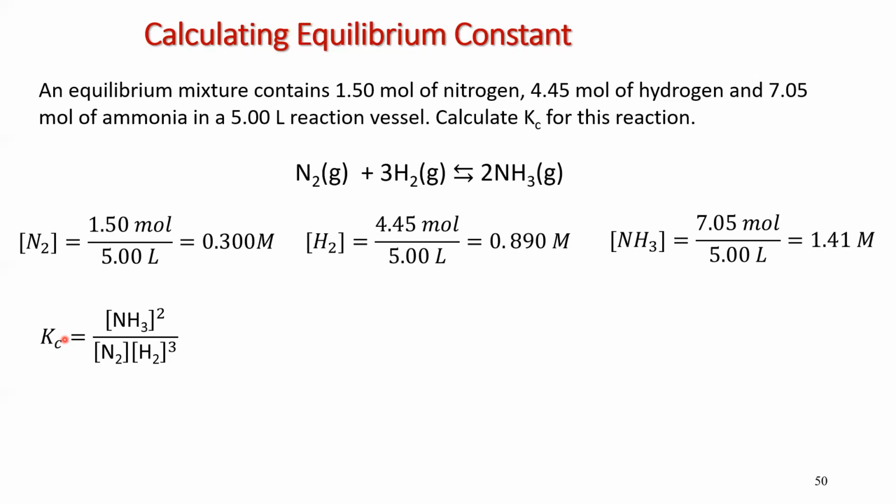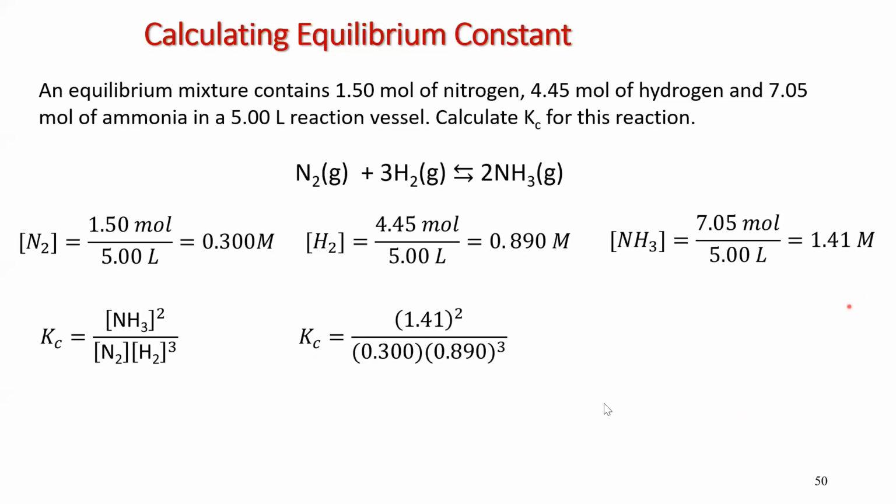Okay, so 1.41 squared divided by 0.300 divided by 0.890 cubed. Order of operations is important in your calculators. Plug the numbers in and see what you get for your value of K.